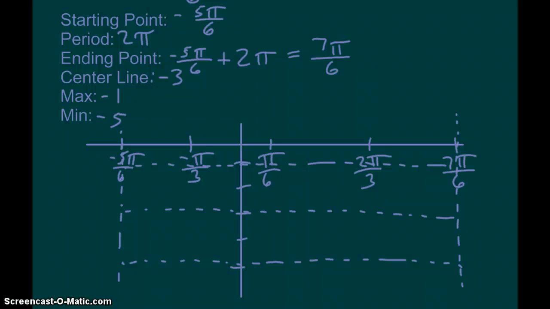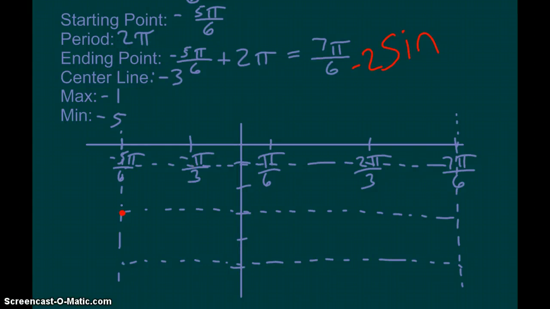The only piece I have to remember now is my original equation was a sine equation, and there was a -2 in front. And so the negative means my sine is going to flip upside down. So I start in the middle. Normally, sine goes from middle to top.